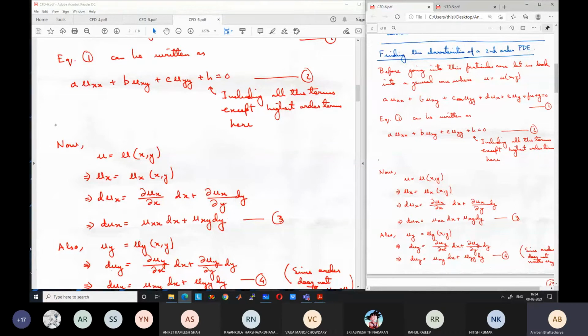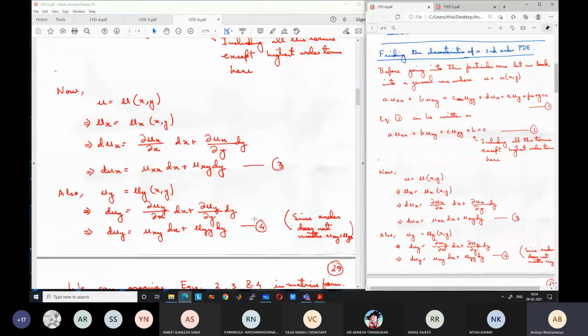Similarly, let us form another equation. u_y is also a function of x and y. This is important because when we take the derivative, it comes in this form: du_y = ∂u_y/∂x dx + ∂u_y/∂y dy, similar to the previous case.